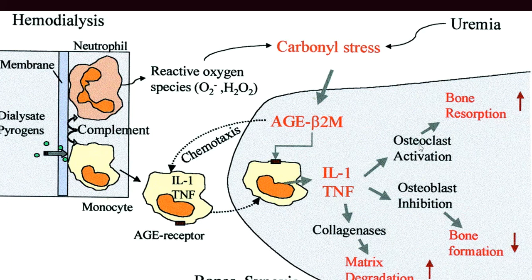This then can induce osteoclast activation, causing bone resorption, and osteoblast inhibition, decreasing bone formation. All of that, as discussed earlier, in the bones and synovium. That's uremia-related retention from bad excretion through the glomerulus, or hemodialysis-induced through bioincompatibility and inflammation during hemodialysis sessions.